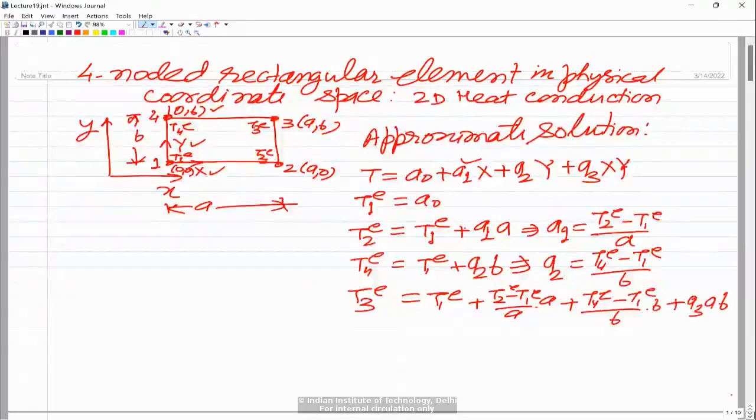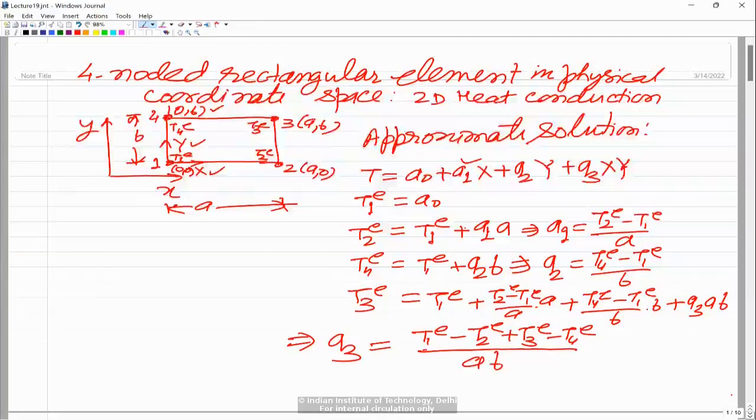From this equation you can solve for the unknown constant a3. You will find that a3 is T1e minus T2e plus T3e minus T4e divided by a into b.